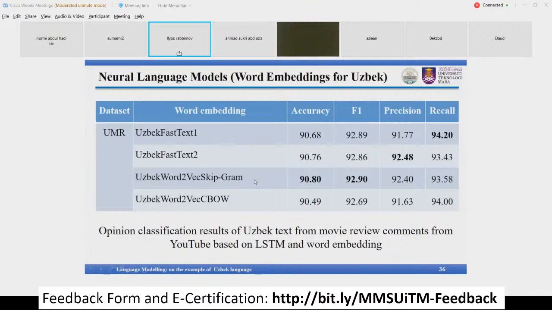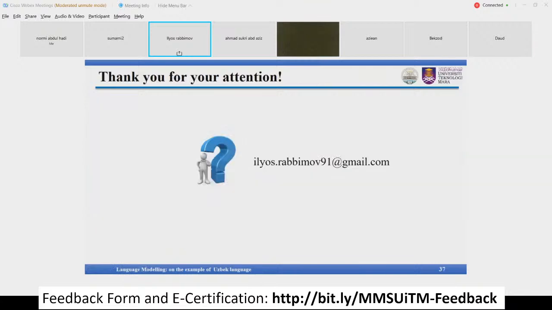These are the results of opinion classification of Uzbek text from movie review comments on YouTube, based on LSTM and word embedding. You can see that high accuracy was obtained when Uzbek Word2Vec Skipgram was used. This word vector was presented by us. Thank you for your attention.